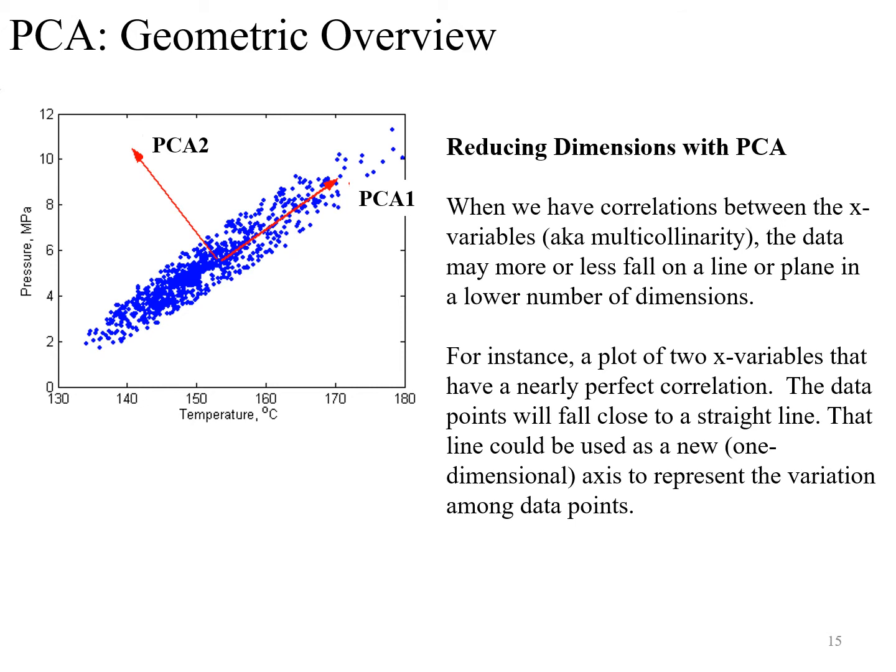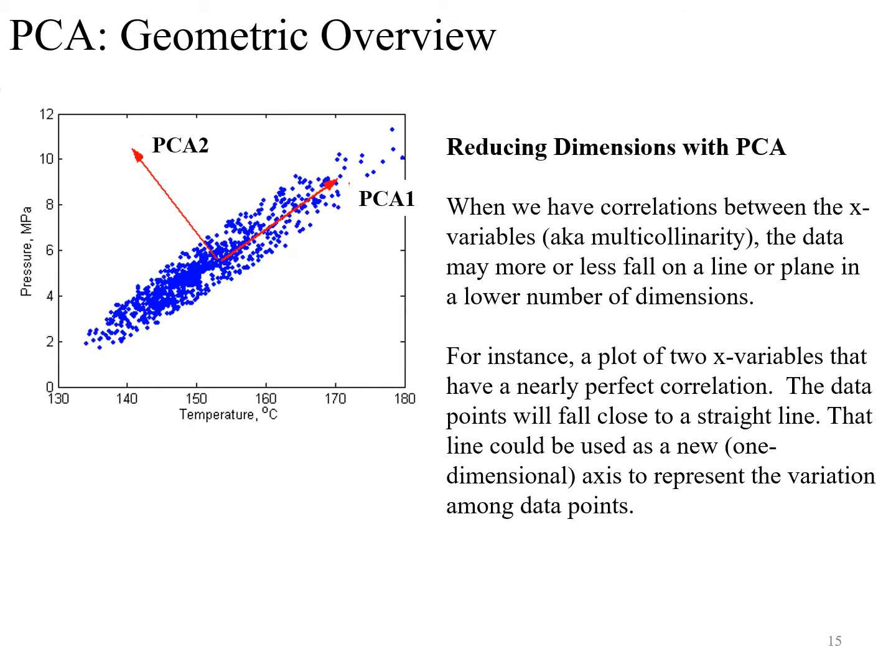Or we might say, well, maybe there are two effects here, but one effect explains most of the variability in both variables. And so if we draw a line through an imaginary ellipse fit to the data, and here I'm labeling it PCA1, that index is going to represent the overall trend in both variables.